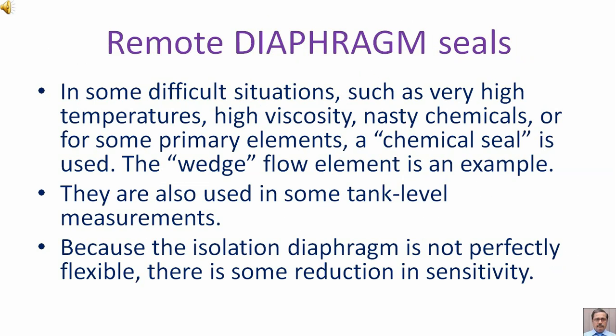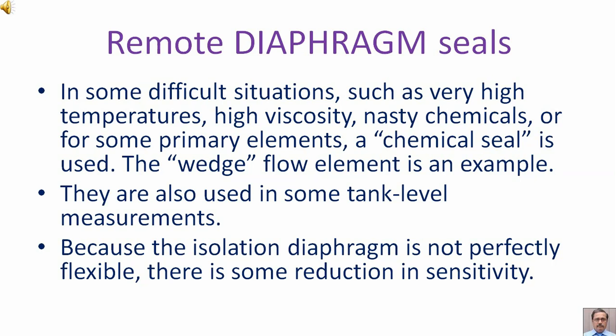Remote diaphragm seals. In some difficult situations, such as very high temperatures, high viscosity, nasty chemicals, or for some primary elements, a chemical seal is used. The wedge flow element is an example.